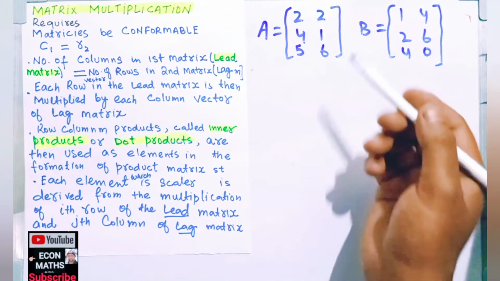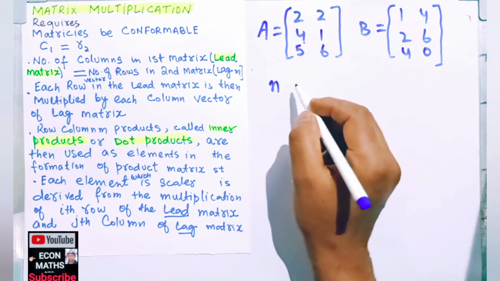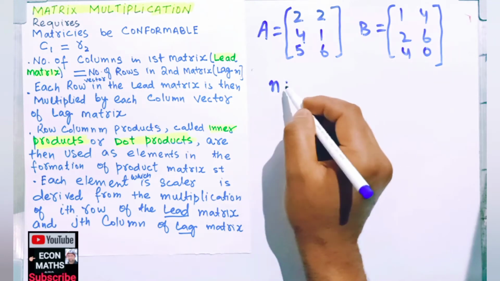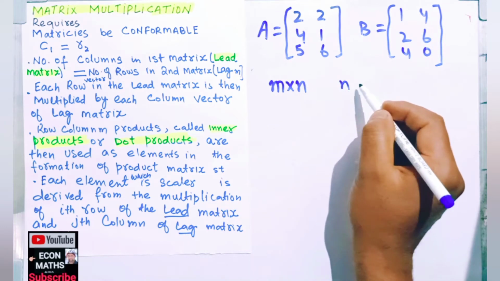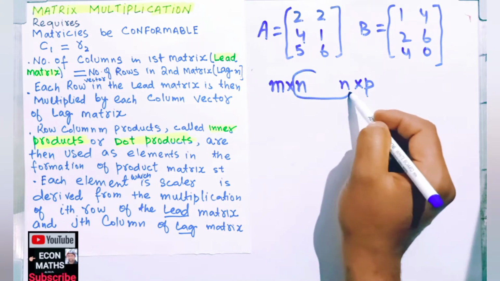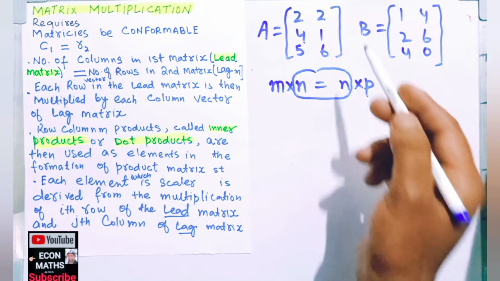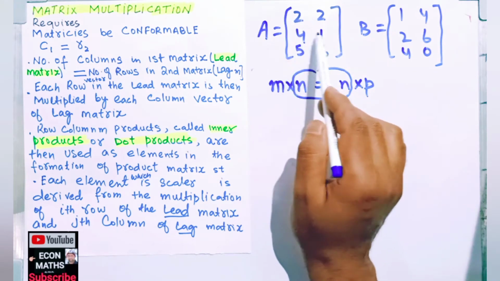Now if I apply the same formula, m cross n and n cross p, these two numbers must be equal. Now here the dimension is 1, 2 and 3.